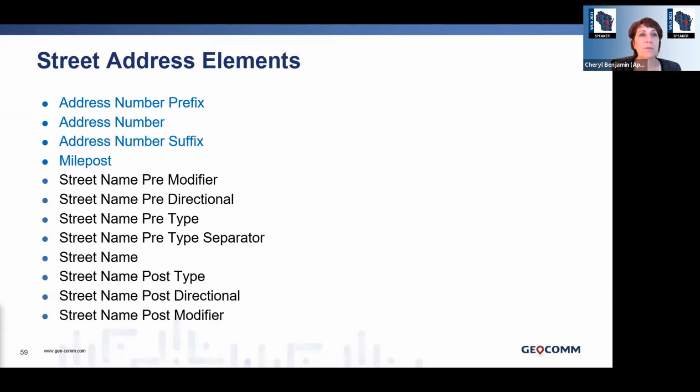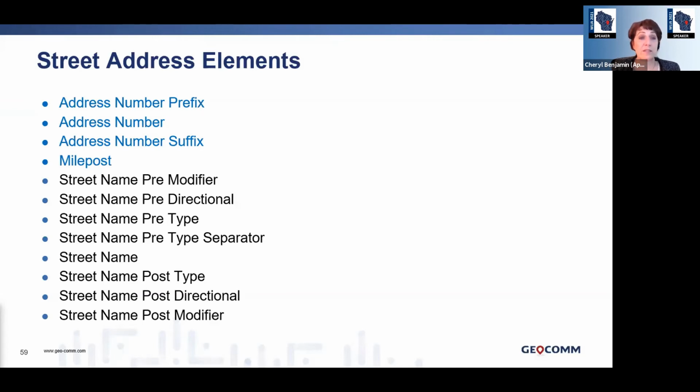So you're going to have to use one of those 4 new fields, whether it be the pre-type separator or the pre-modifier, post-modifier fields. Now, there are many examples of these that we created. I think the folks that were in the GIS task force gave me about 120 or 130 different examples. And so we pulled a good chunk of them out and put them into the actual document to give you some examples of how to separate out a name and an address into these fields.